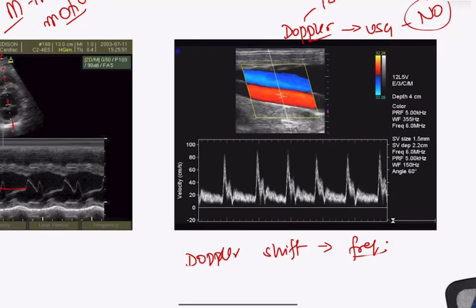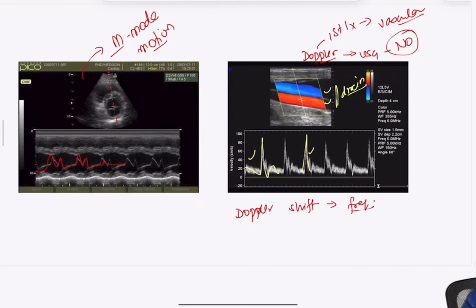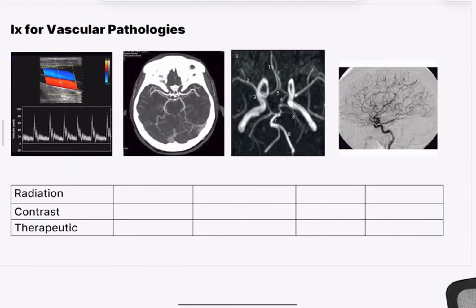And depending on what direction the blood is flowing, you get the red and blue color. So remember, the red and blue color indicate the direction of the flow. They are not indicating whether it is artery or vein. And depending on the waveform that you get, you know whether this is artery or vein, right? So if you get a waveform like this, which has a sharp peak, it is an arterial waveform. So that is Doppler, dependent on Doppler shift, the change in the frequency of the sound.